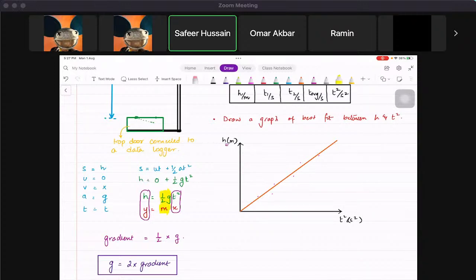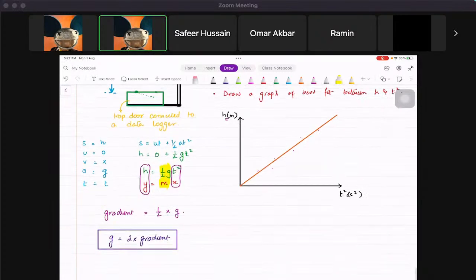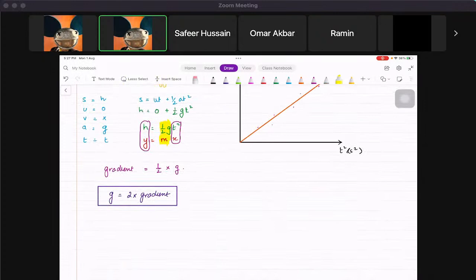Okay, very good. Now, this basically marks the beginning of vertical motion of an object.